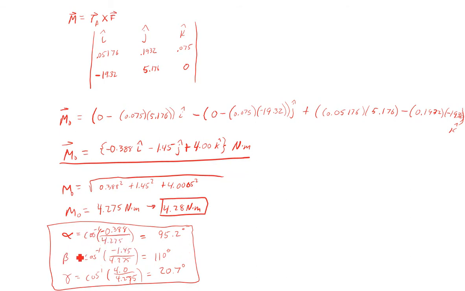For beta, our y coordinate direction angle from the y-axis, we took our J component over our magnitude and took the arc cosine of that. And lastly, for our coordinate direction angle from the z-axis to the resultant moment, we took the K component over the magnitude and took the arc cosine of that.